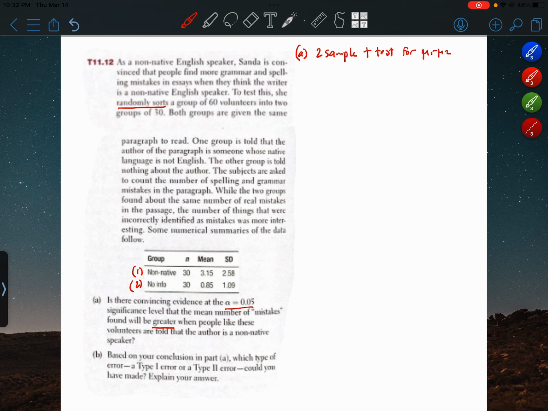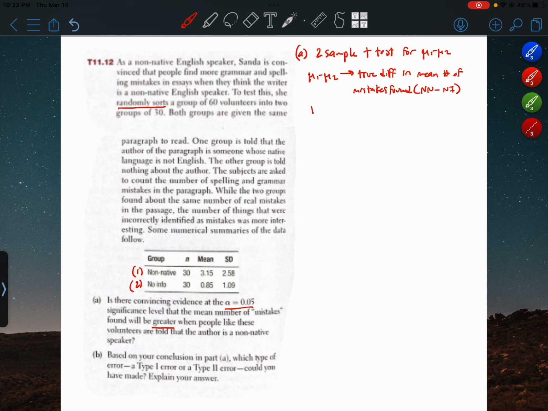Our parameter is mu1 minus mu2, which represents the true difference in mean number of mistakes found, and it's the non-native treatment minus the no info treatment.